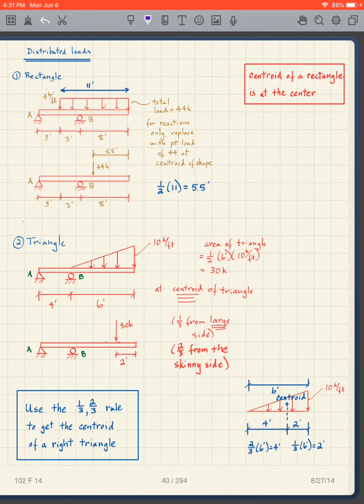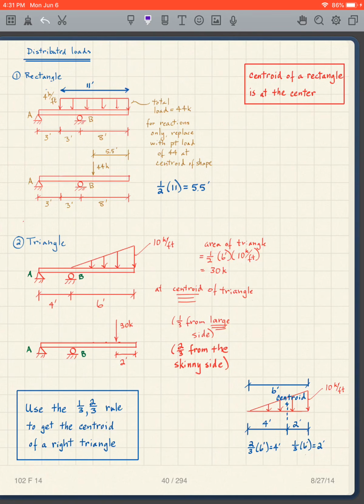If I take 1 foot horizontally, so if this distance is 1 foot, then in that 1 foot, we have 4 kips of force. So for each foot, I have 4 kips of force.